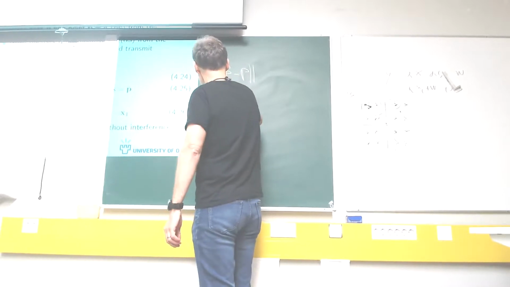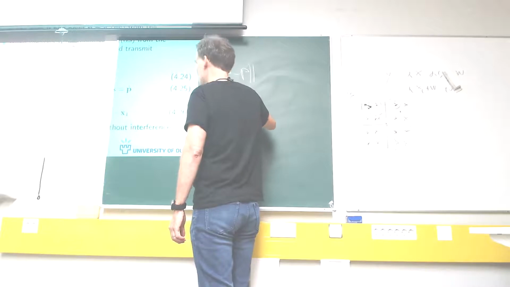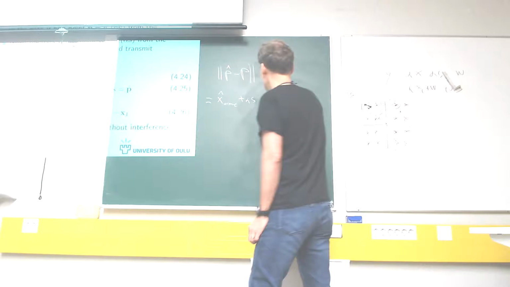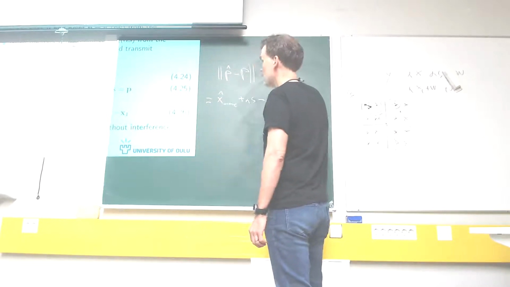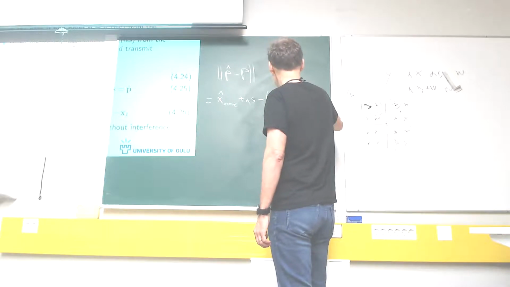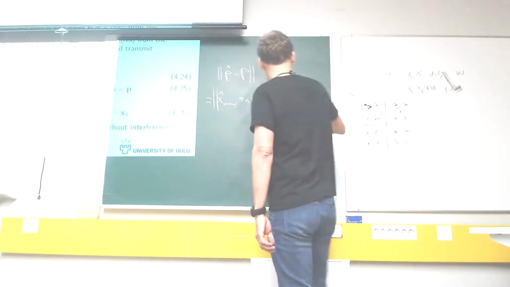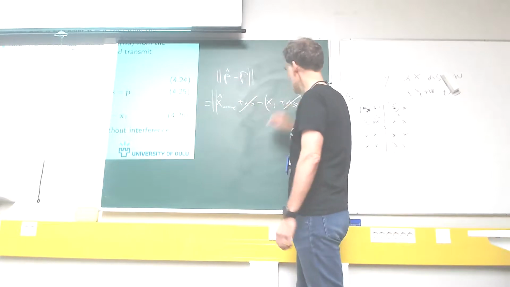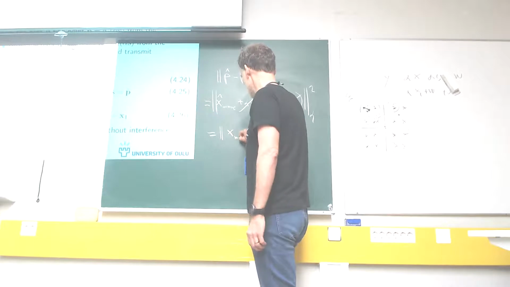Let's say P hat equals X hat MMSE plus alpha S, and then we have minus x1 plus alpha S. You can see that these two now cancel each other. It's equivalent as if the interference was not there.